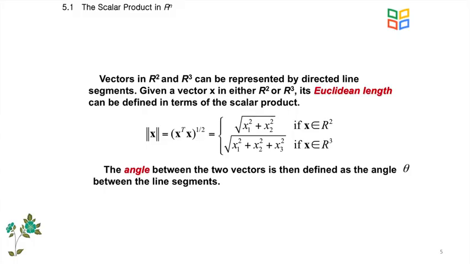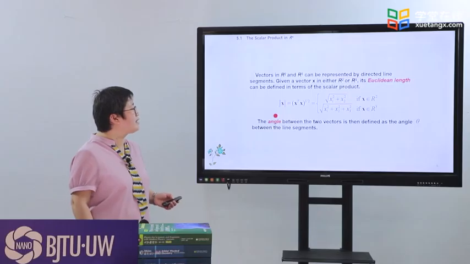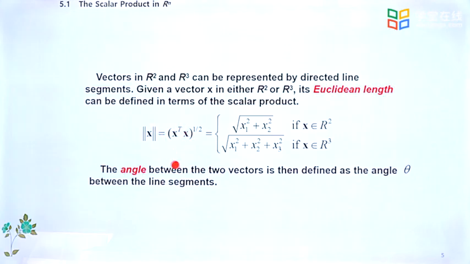Now we know vectors in R2 and R3 can be represented by directed line segments. So given a vector x in either R2 or R3, its Euclidean length can be defined in terms of a scalar product. The Euclidean length of x equals x transpose x, this scalar product, to the power 1 over 2.